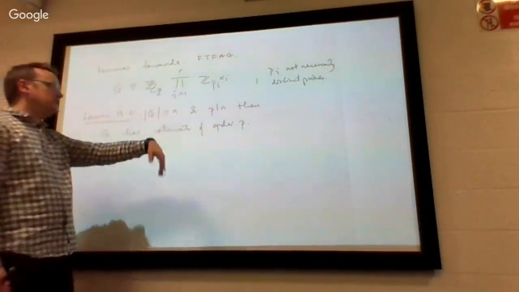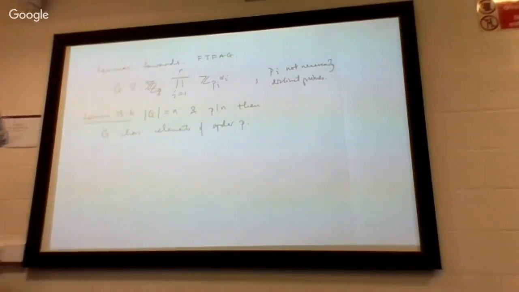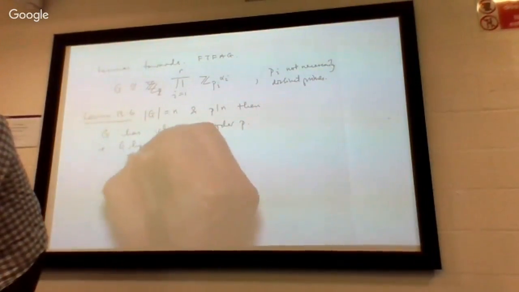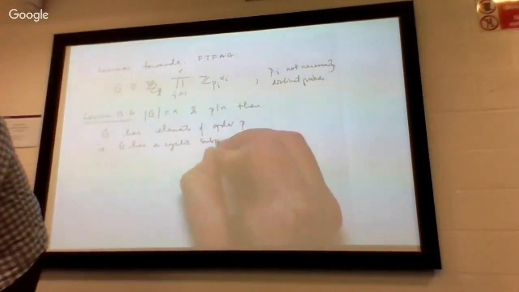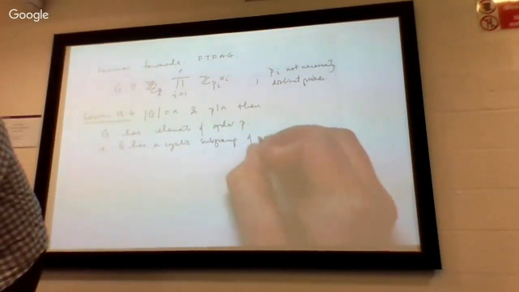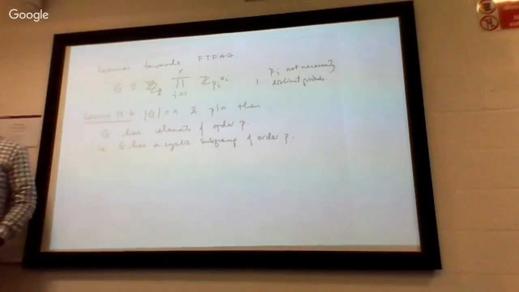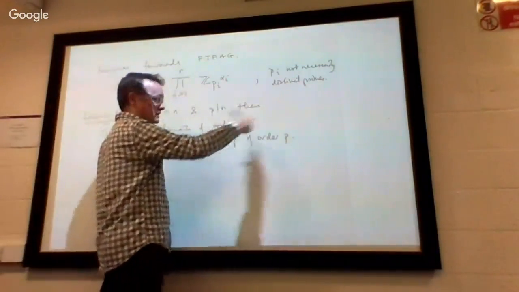If z is of order p, then z inverse also is of order p. Lots of elements of order p. So it does have an element of order p, i.e., another way of saying that G has a cyclic subgroup of order p. Having an element of order p is the same as having a cyclic subgroup of order p. Take that element, look at the cyclic subgroup generated by it.